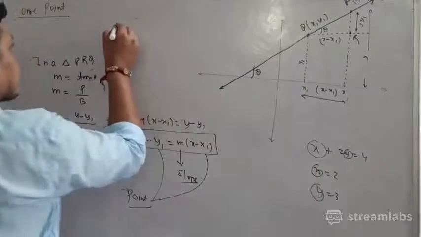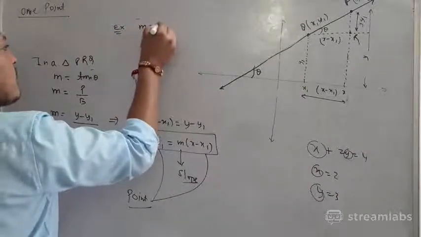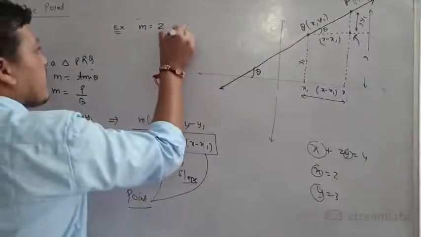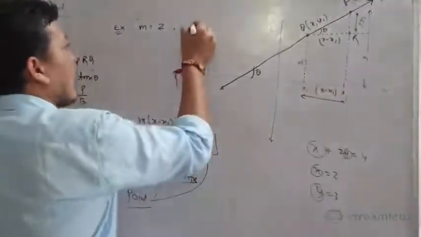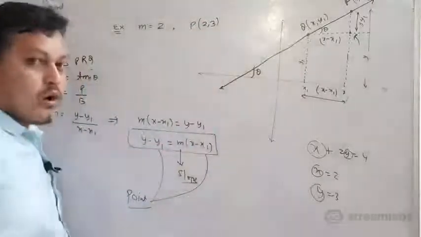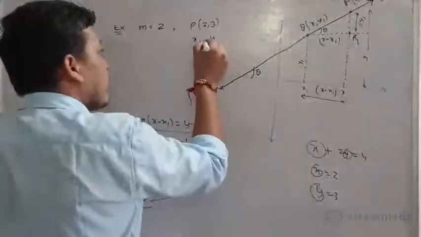Suppose the slope of the line is given, m is equal to 2, and the line is passing through the point P whose coordinate is (2, 3). So this point is known as x1 and y1.